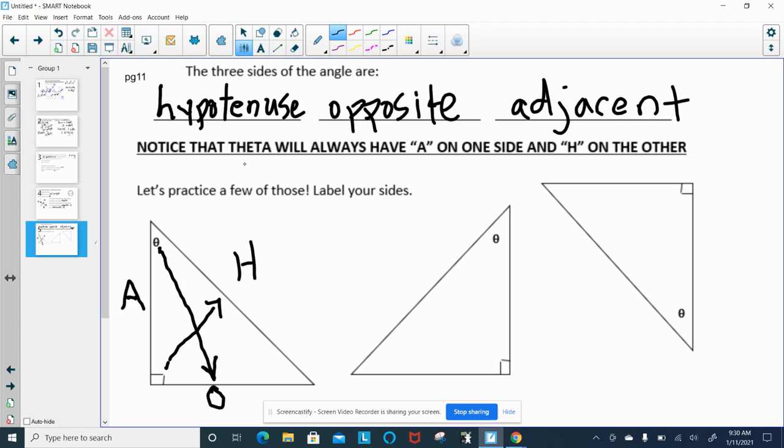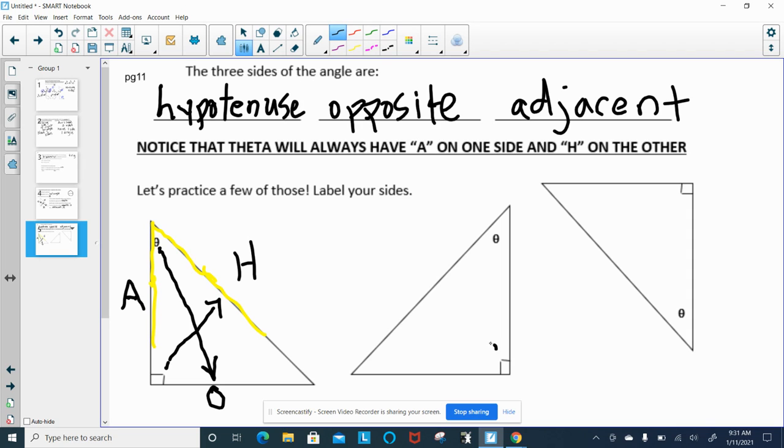Now, if you notice, theta will always have an adjacent side on one side and a hypotenuse on the other. See that? And if I highlight theta as an angle in yellow, you can see that one of its sides is A and one of its sides is H. Let's try another one.